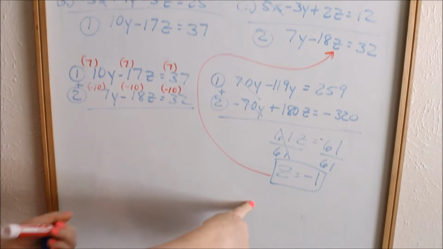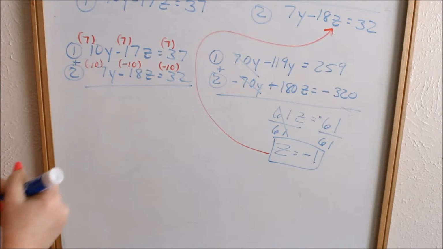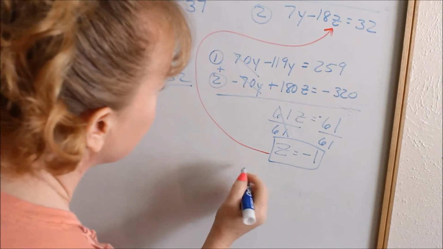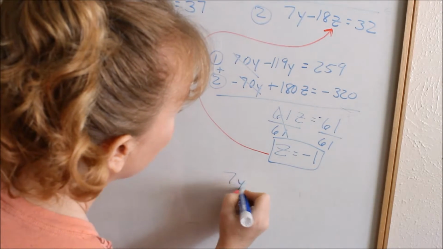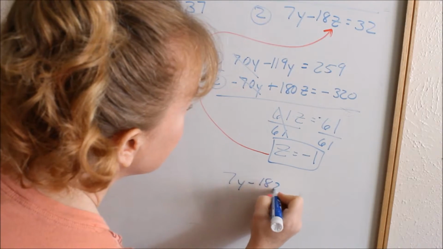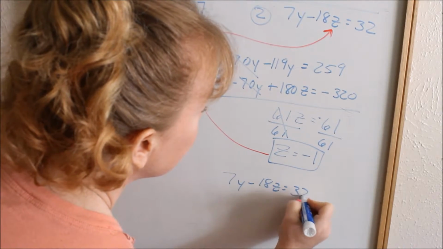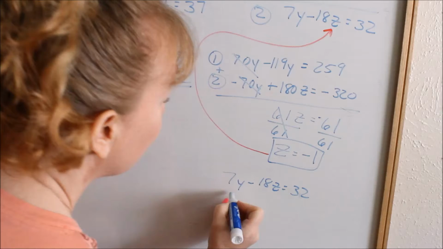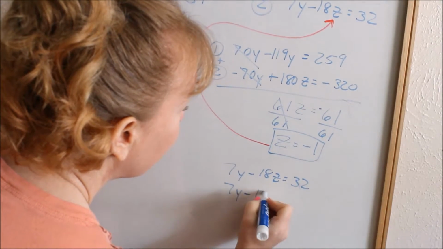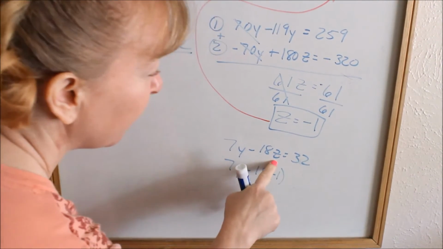My equation that I'm substituting into is 7y minus 18z equals 32. I said z was negative 1. So to solve for y, I can put in negative 1 right there for z.